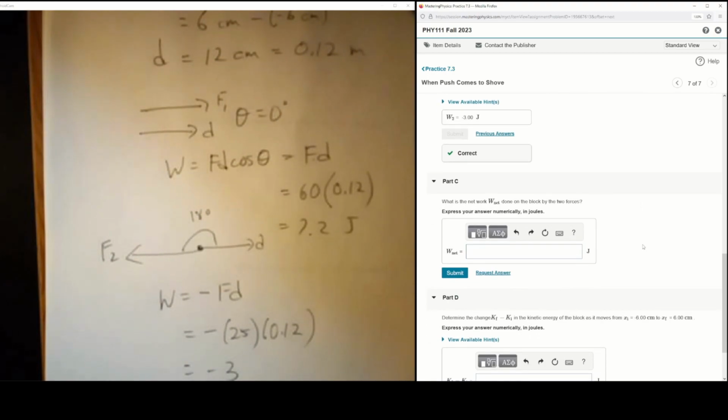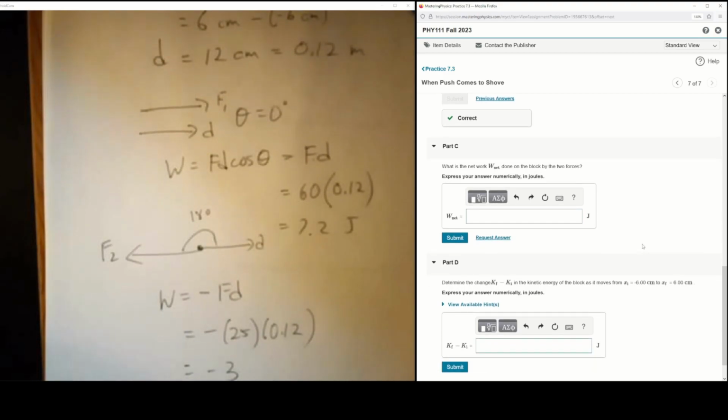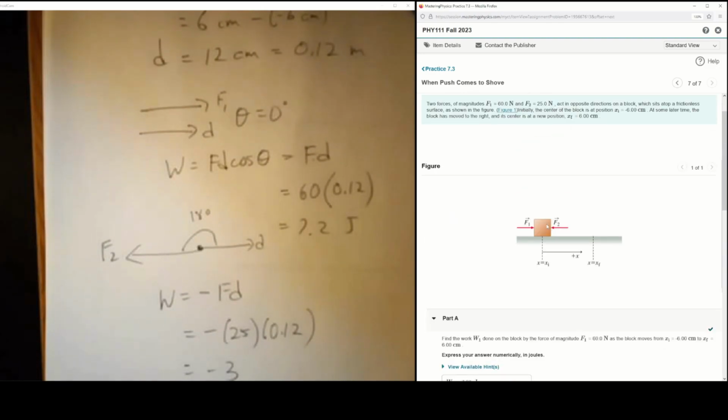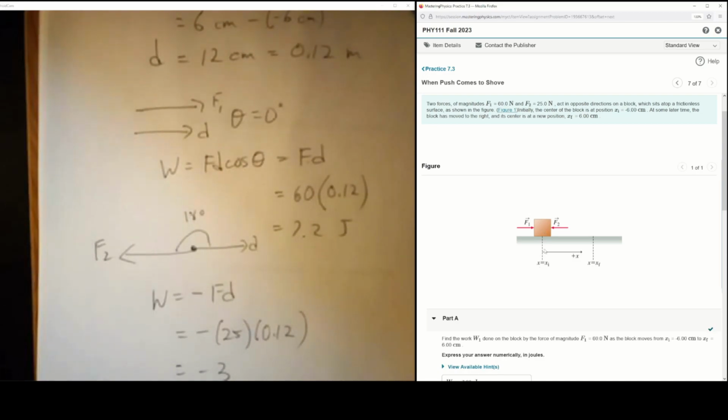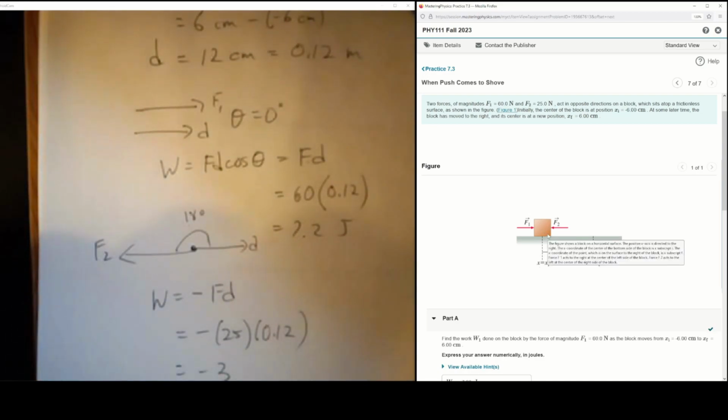Part C, what is the net work? There's always two ways we can go about this. There's only two forces doing work. To say this again, the normal force and gravity are perpendicular to the motion, so none of them do any work. You can't push down or up to get something to move to the right.